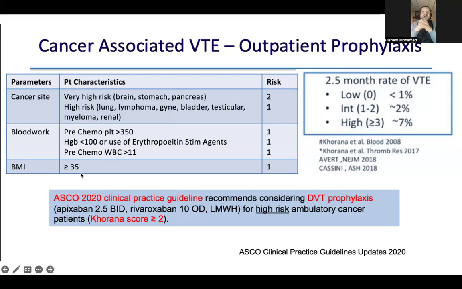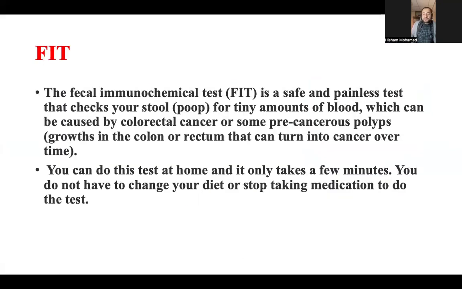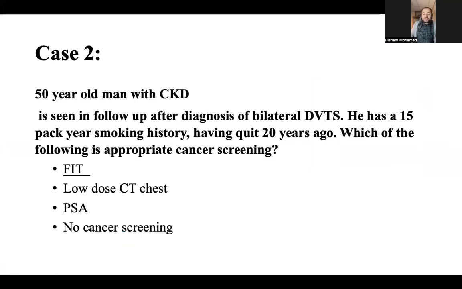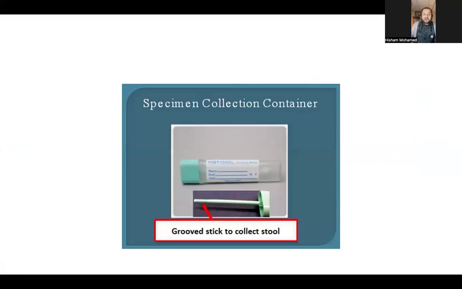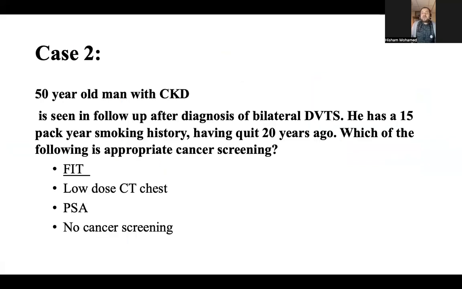So maybe high risk cancer, or very high risk cancer, or high risk cancer with other points in blood work or BMI. So in our question here, we didn't find brain or even very high or high risk. We didn't find in this point brain or stomach or pancreas.